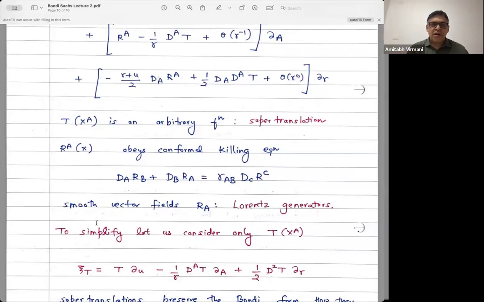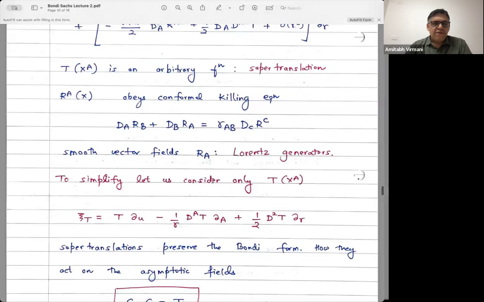If you restrict yourself to smooth vector fields, which is what I will do in this lecture, then these R's are the Lorentz generators. There are 3 rotation Killing vectors and 3 boost conformal Killing vectors, and they form the 6 generators of the Lorentz group. They are all solutions to this equation on the sphere.